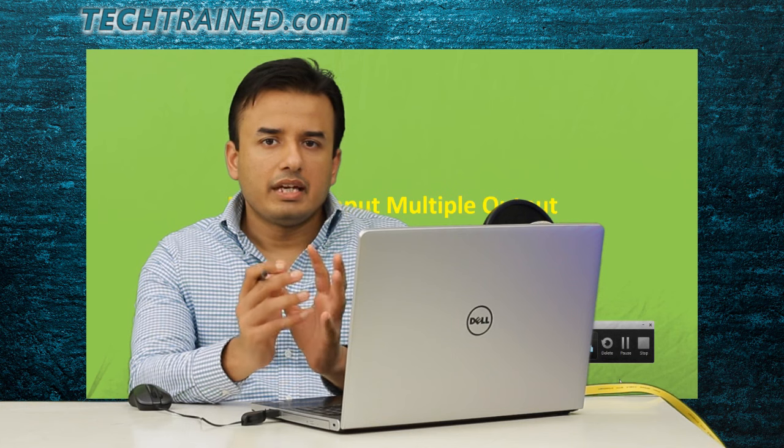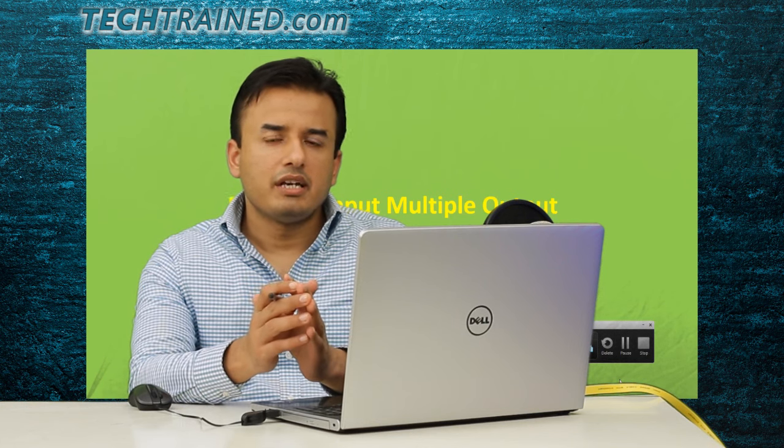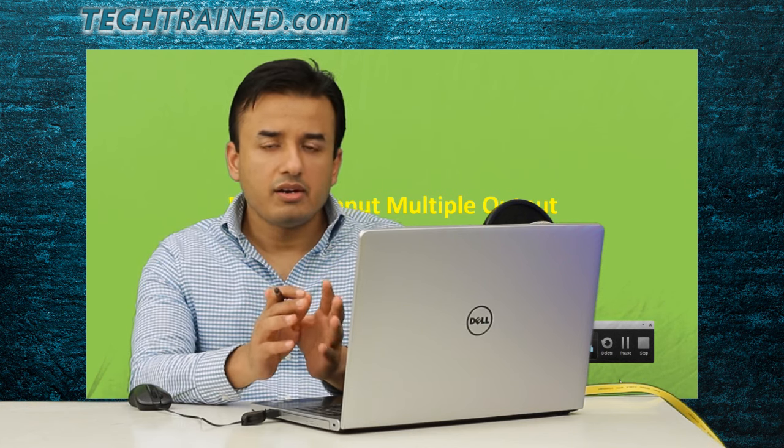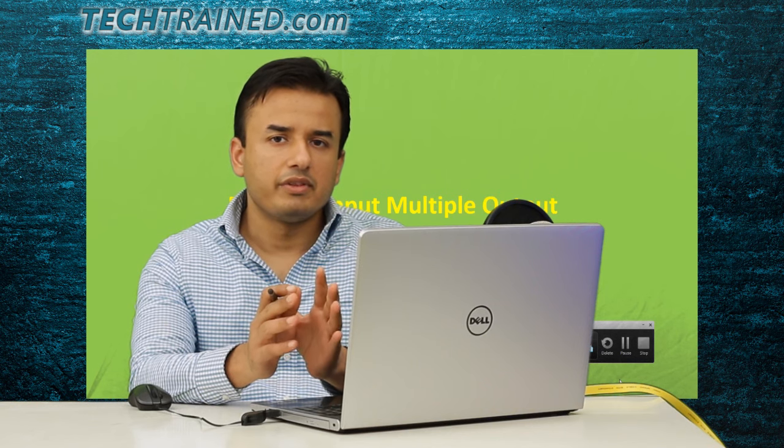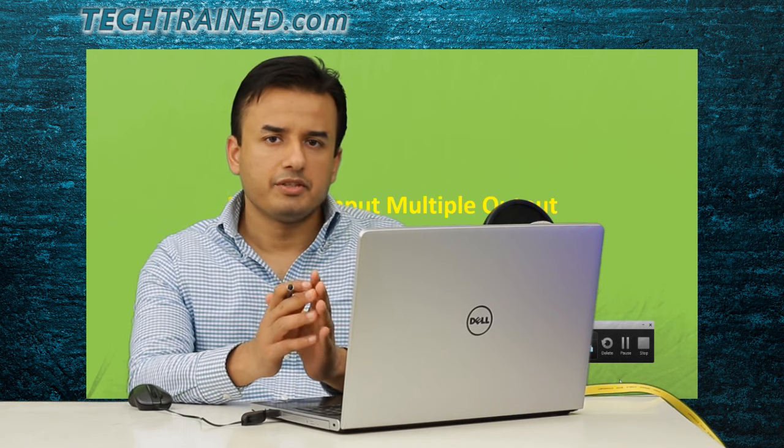Now, there are some core concepts which we need to understand about MIMO, and once we are clear on those core concepts, the rest of the discussion will become pretty smooth.